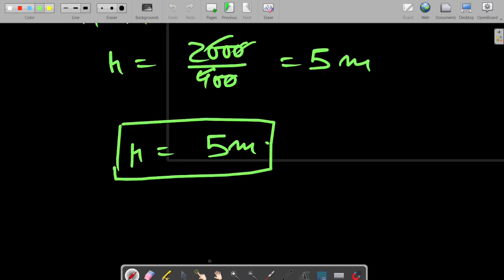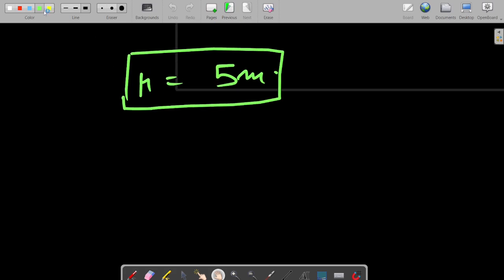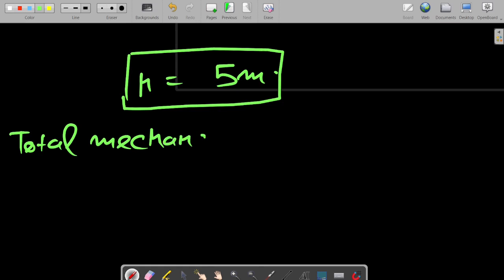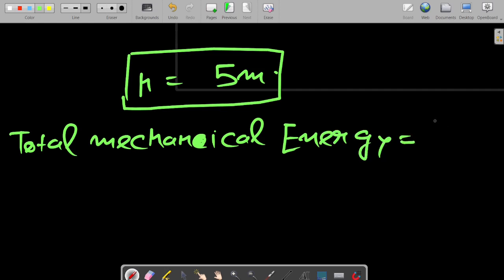So now we will solve part C. As we already know, total mechanical energy is equal to kinetic energy plus potential energy.